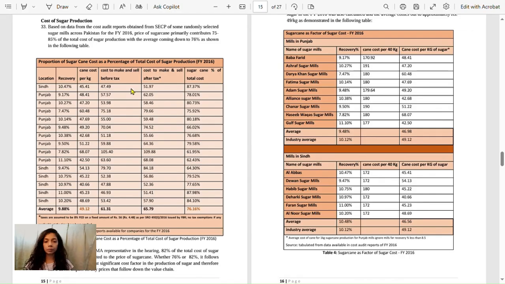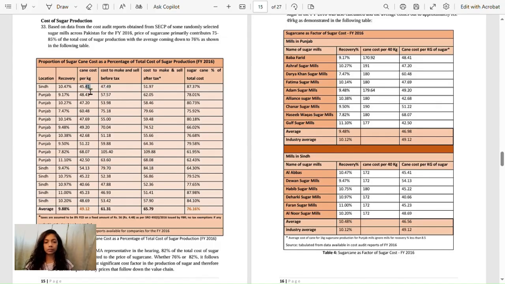So this is the cost to make and sell before tax. Once the mill has made sugar from the cane at this cost of 45.41, the other costs to make and sell before tax is 47.49%. That means the expenses and the profits could be included in this cost.